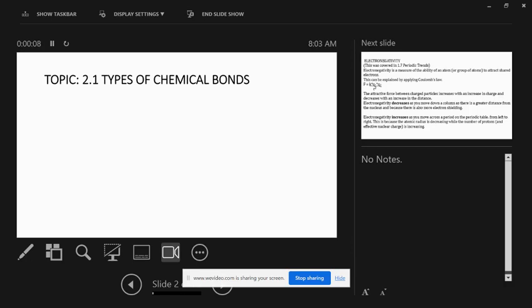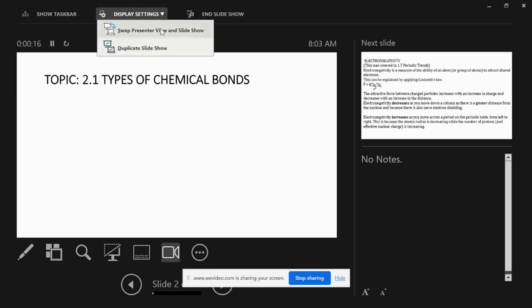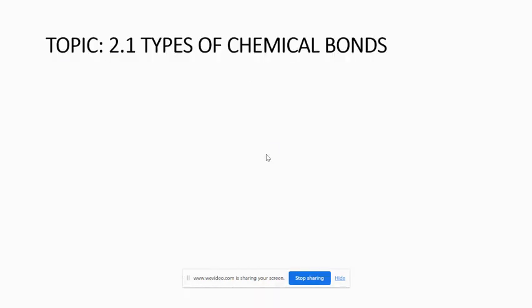So we are looking at bonding here. There we go. That should show up better. All right, so different types of chemical bonds.